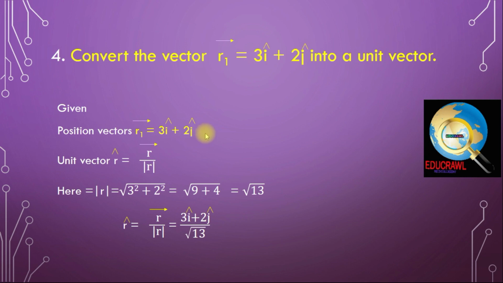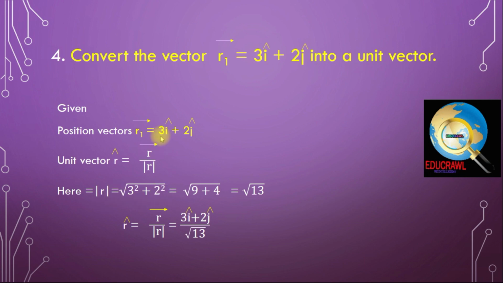Another one we have is k cap, which represents the direction in the z-axis, but here it is only given in two dimensions. So leaving behind i cap and j cap, we have to find the magnitude. For magnitude also we have a formula: mod r is equal to the square root of the squares of the components. That will give you the mod value.